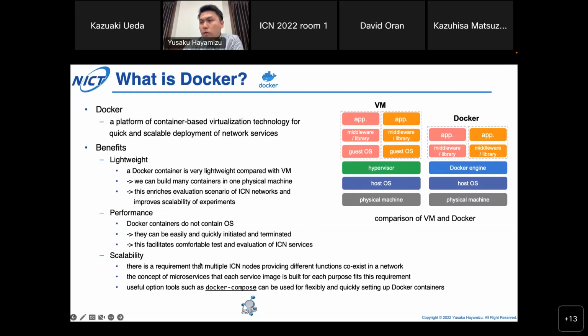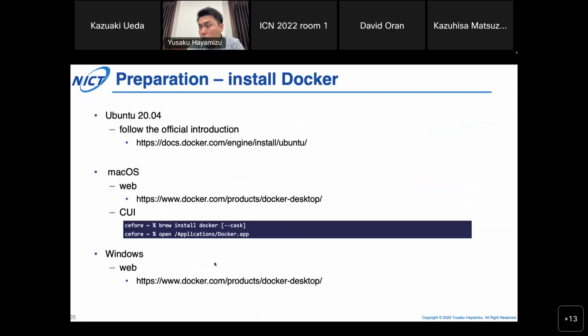So the concept of microservices, where each service image is built for its purpose, fits these requirements. Useful tools such as Docker Compose can be used for flexibly and quickly setting up the Docker containers. So we use Docker for the networking.